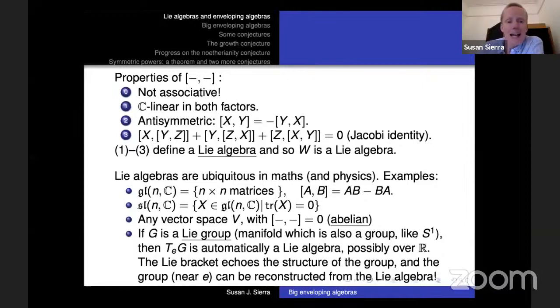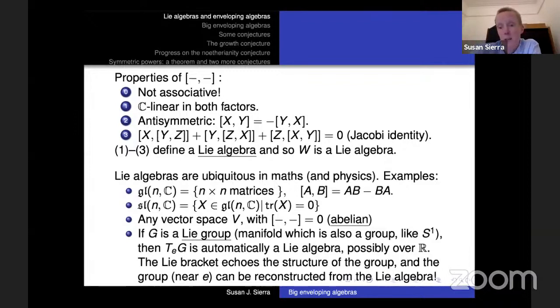And then a whole class of examples. If you have a Lie group, G, so that is, it's a group, but it's also a smooth manifold. So an example of this is the circle S1. Then the tangent space to the Lie group at the identity is automatically a Lie algebra, possibly over the reals.